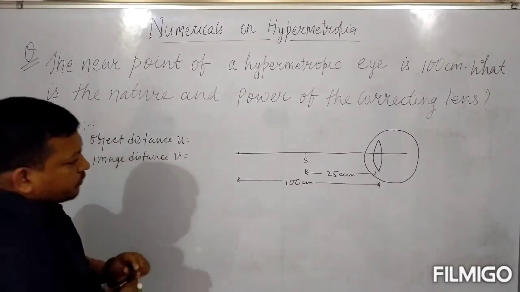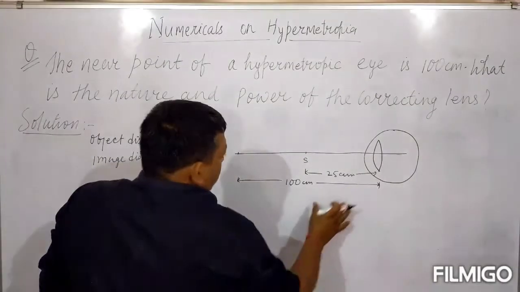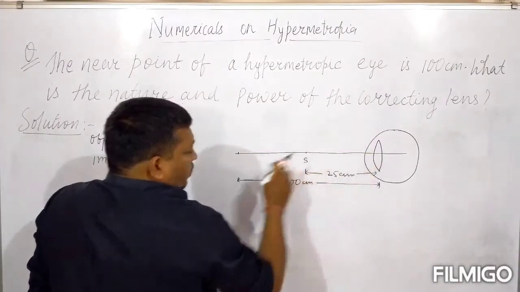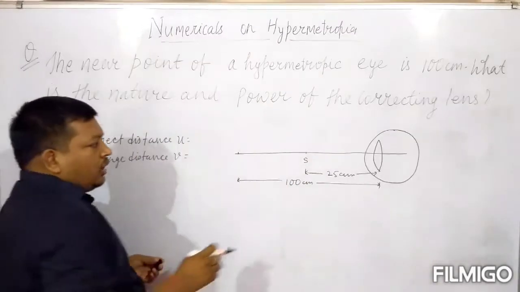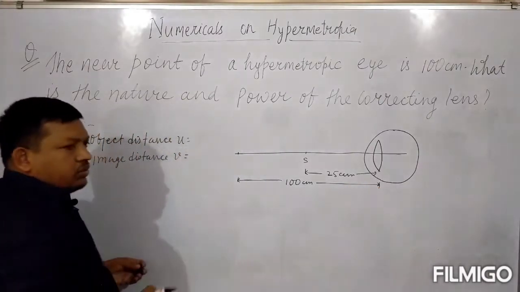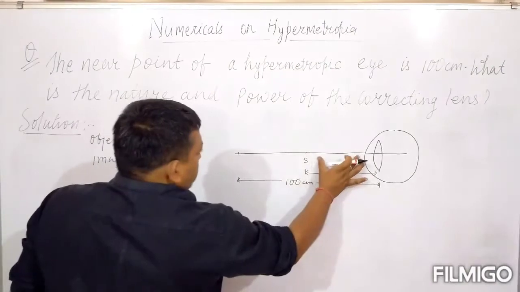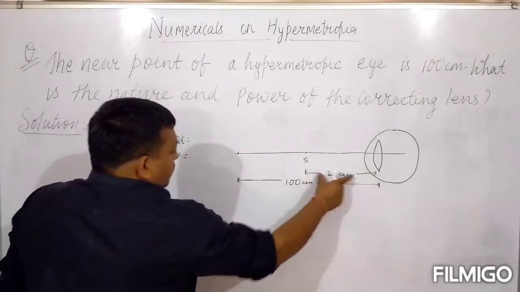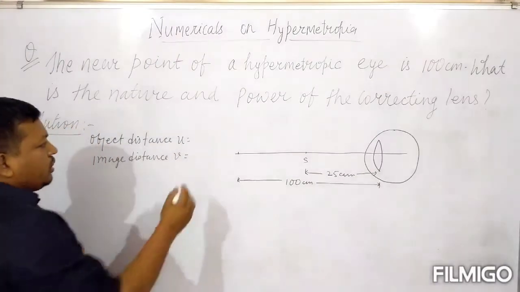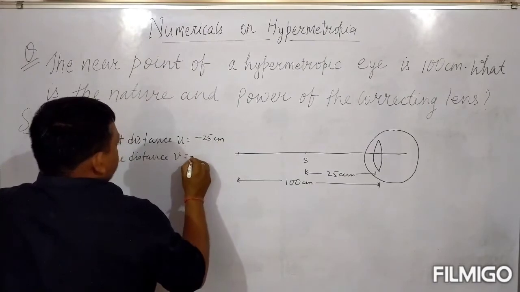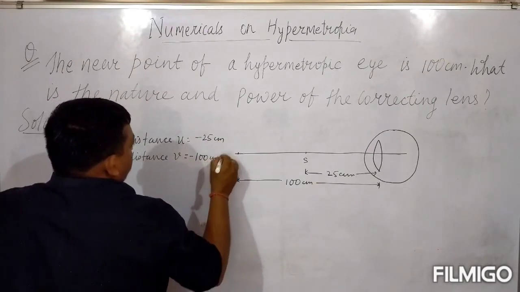We know that the healthy eye cannot see an object which is between 0 to 25 centimeter, and this eye is not able to see an object which is from 0 to 100 centimeter. So the object which is kept between 0 to 25 centimeter, image of that object is formed at 100 centimeter. So object distance will be minus 25 using sign convention, and image distance will be minus 100 centimeter using sign convention.